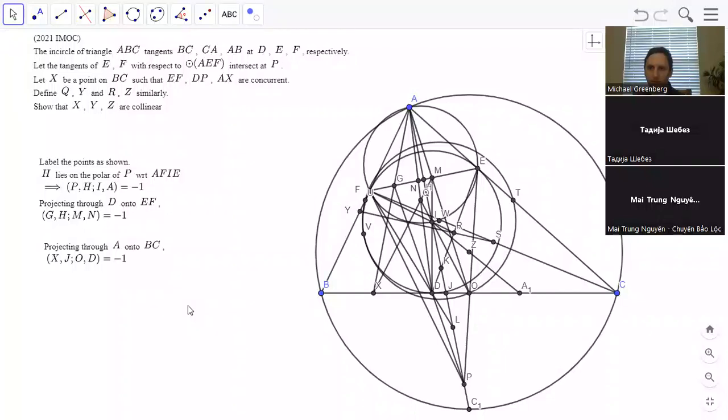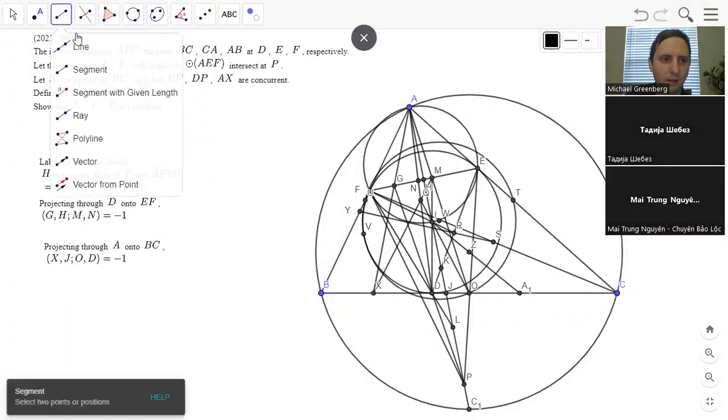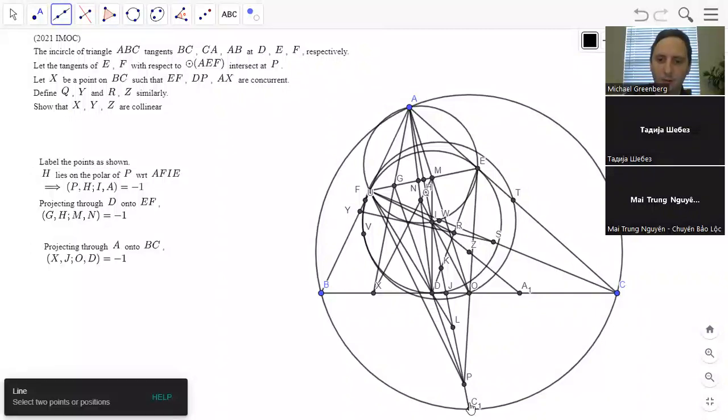Then project C1, X through X, the J and O to the circle. This is interesting. This is not what I would have expected.